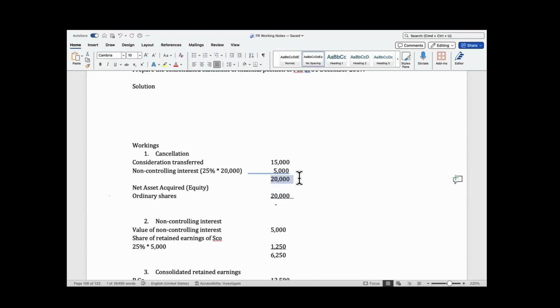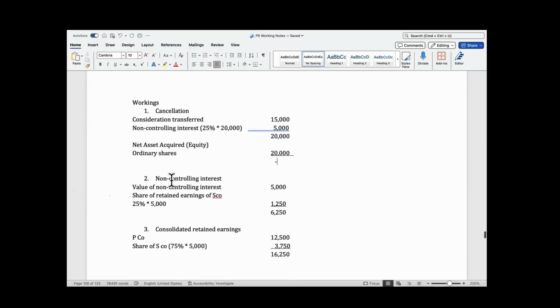100% against 100%. So that's why we make it up with the NCI, just to bring this one also to 100%. You know, this is 75%. We add the NCI, then this is the old share, so we have 0. Now, remember that we don't cancel out this.